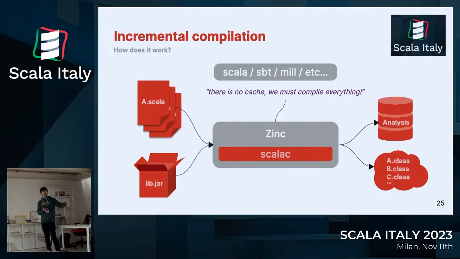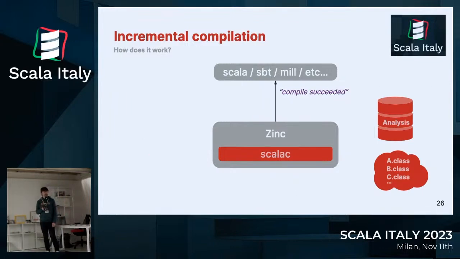Then the 50 files and library dependencies will go into Zinc, because firstly, it checks its caches and says, oh, we haven't compiled anything yet, so we're going to compile these. And at the end, we produce something called an analysis, which contains the analysis of the code you just compiled. And we have the classes. Once we've done that, Zinc will return to the build tool and say, OK, we're done.